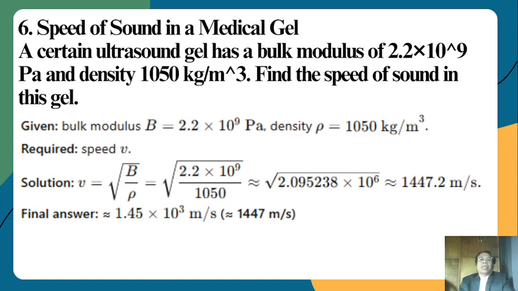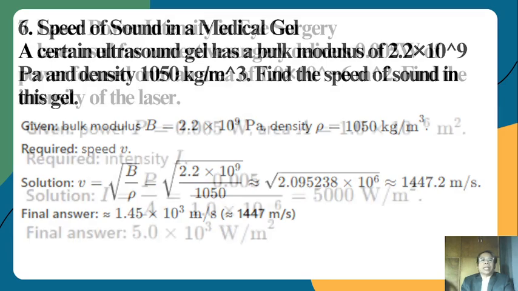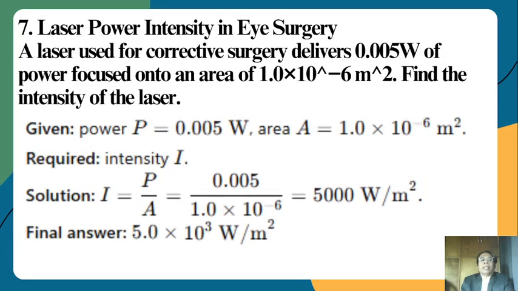So, using the formula v is equal to the square root of B over rho, substituting the given data, we can get the value of 1.45 times 10 raised to 3 meters per second, or 1,447 meters per second.